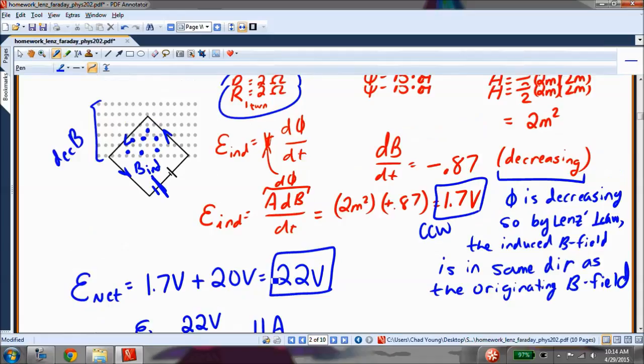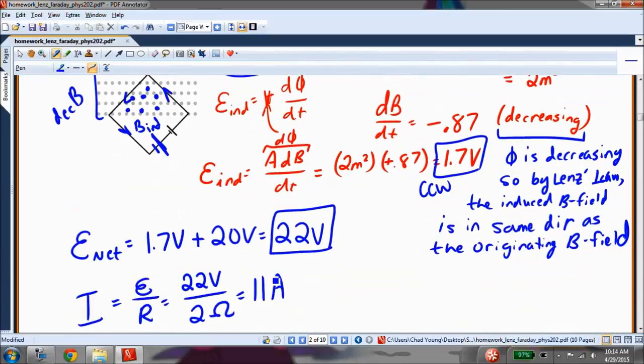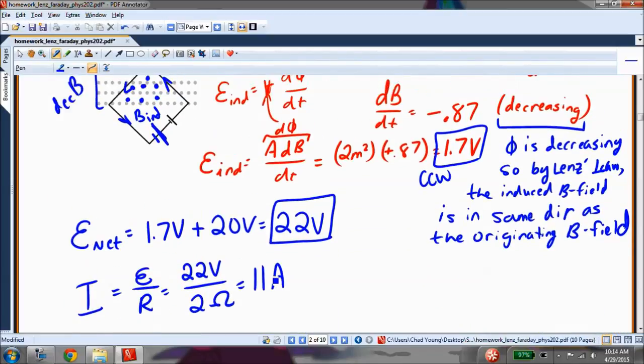Now what happens if I go to 10 turns of wire? Well, if I have 10 turns of wire, this increases by a factor of n. All right, so I'm going to have not 1.7, but now I will have 17 volts. So instead of 22, I will have 37 volts.